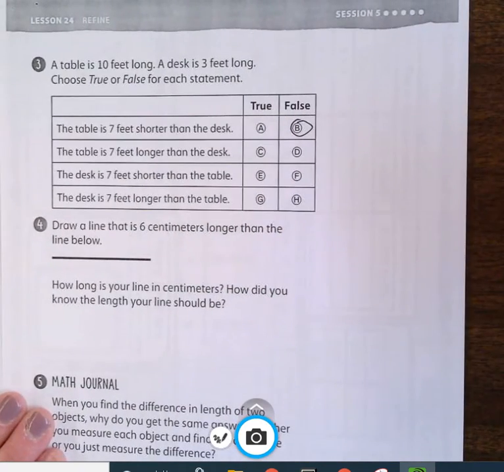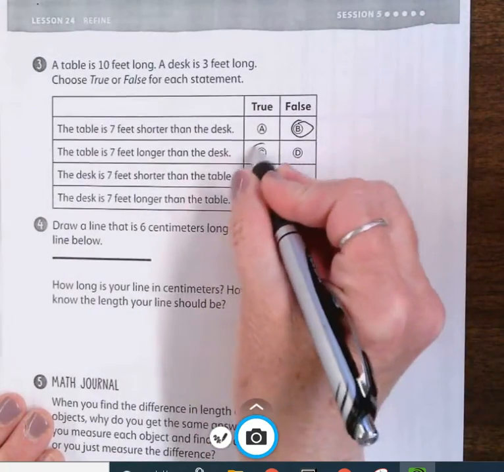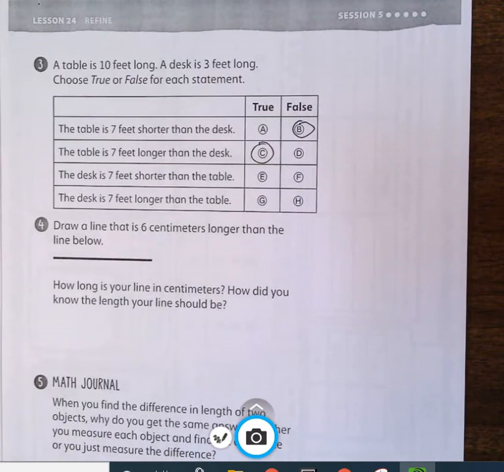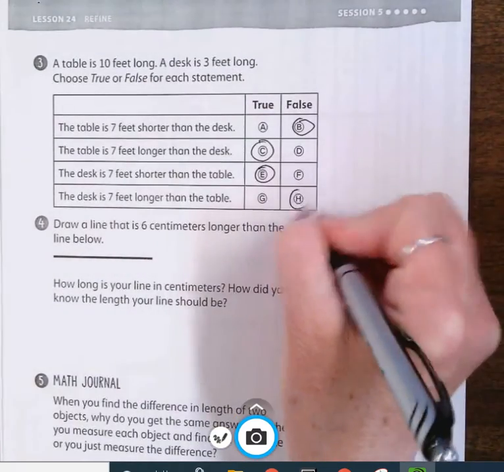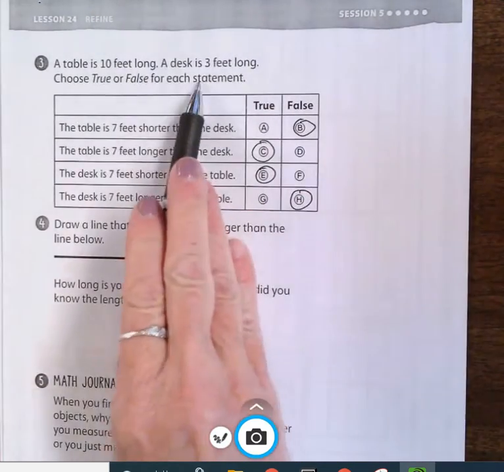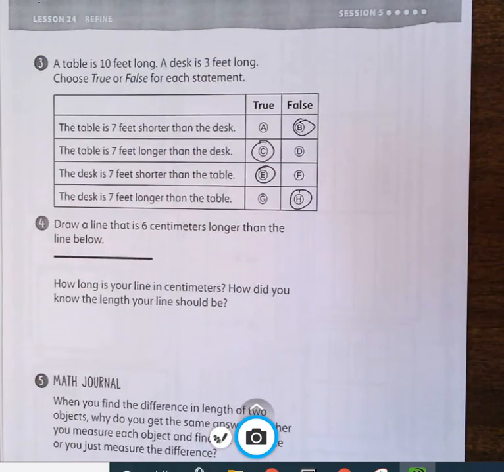The table is 7 feet longer than the desk. Yes. The desk is 7 feet shorter than the table. Yes. The desk is 7 feet longer than the table. Is the desk longer? No. It says right there. 3 feet, 10 feet. It's shorter.